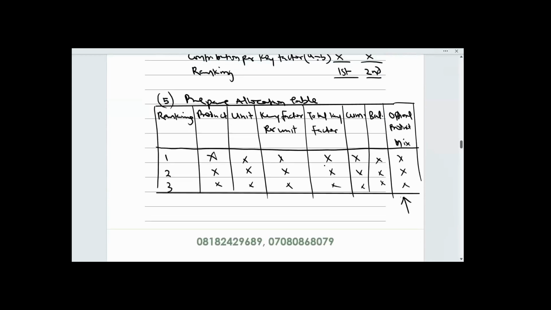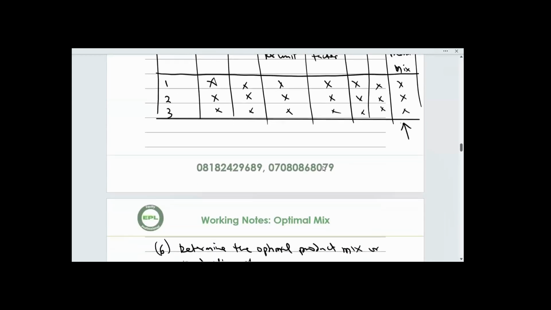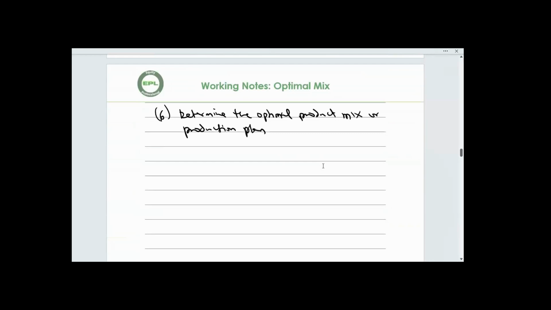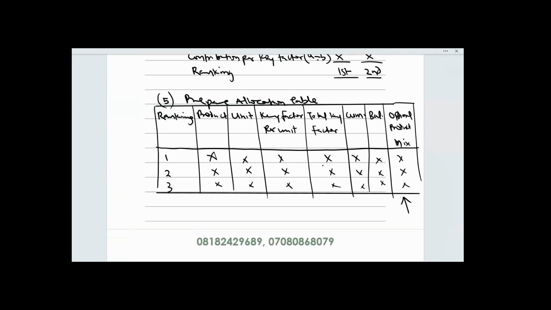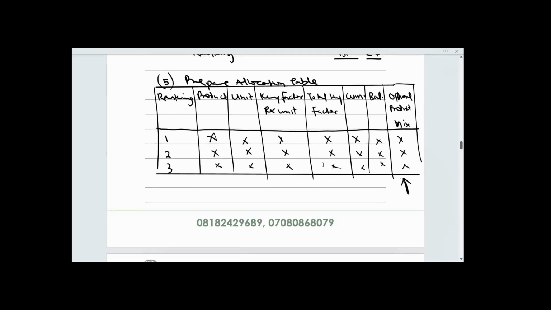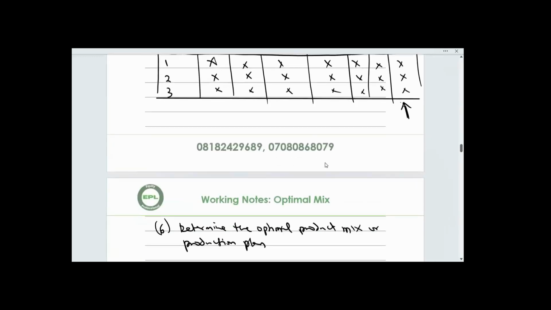Whatever you have as the last column of step 5 will represent your optimal production plan. So you put it there. But if in the question you have been given minimum allocation, that means you are going to have 2 components that will make up your production plan: the initial allocation, the minimum allocation that you have been given, and then the allocation you have done in step 5. So those are the 2 elements that will be there, if it's a question that involves optimal mix involving the minimum allocation.